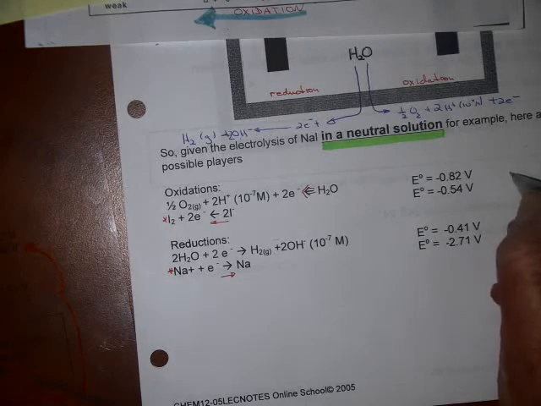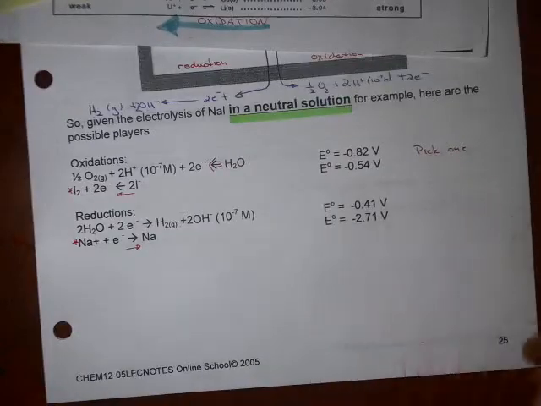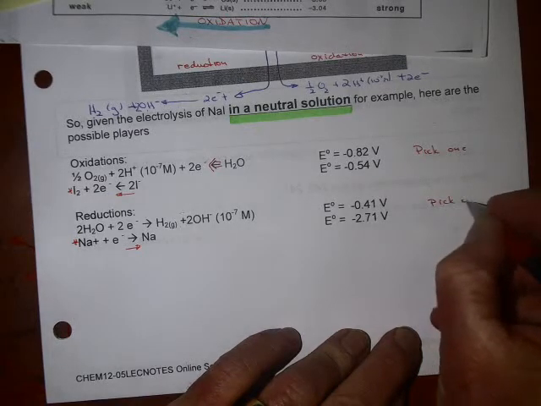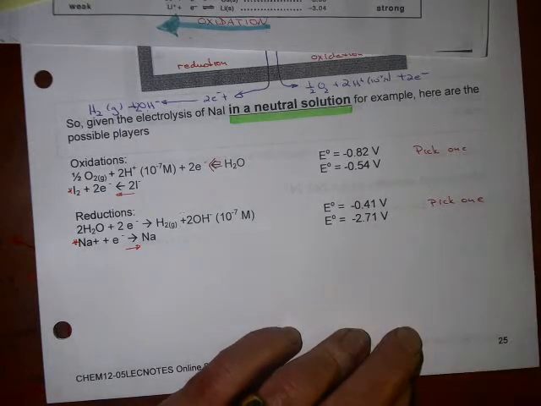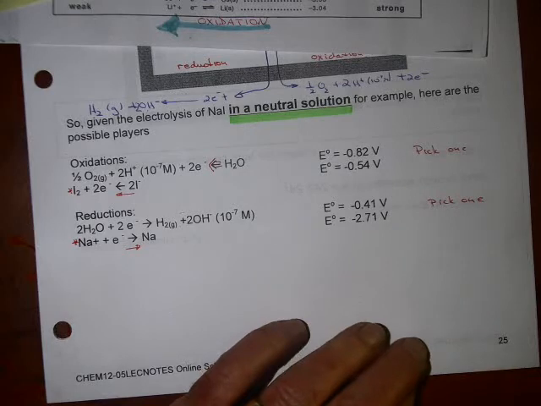You have to pick one of these, and you need to pick one of these. And the question is, which ones do you pick? You want to pick the two that are closest together. Remember, one from here and one from here. Two that are closest together.